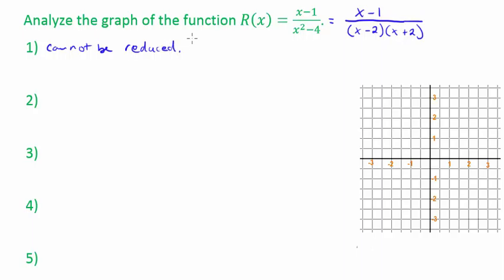Now, this factored form will come in really handy when we start finding some of the other attributes of the graph. The second thing we'll find are any x or y intercepts. First let's find the y-intercept. I'll take r of 0 is equal to 0 minus 1 over 0 squared minus 4.